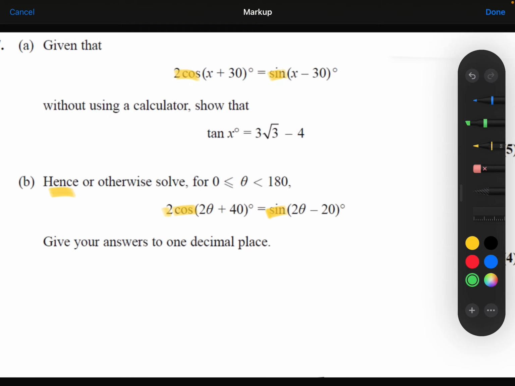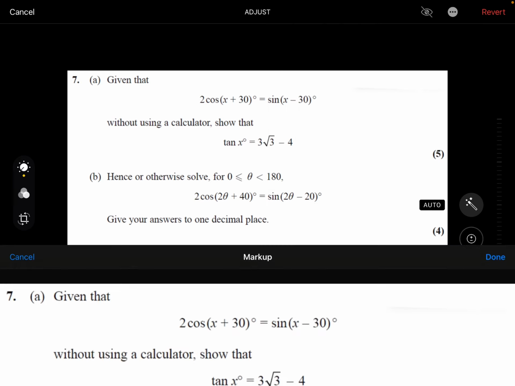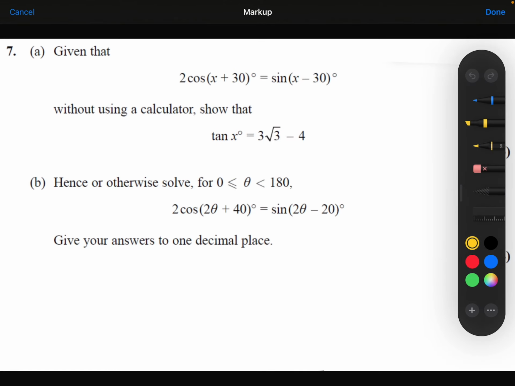But the inside here and the inside here don't quite match up. I'm thinking what value of x would make these things true? This x plus 30 would have to be the same as this 2 theta plus 40 in order for me to use part A to help.